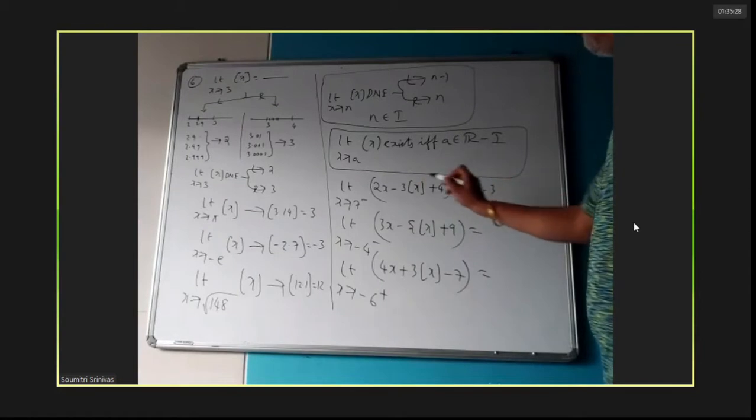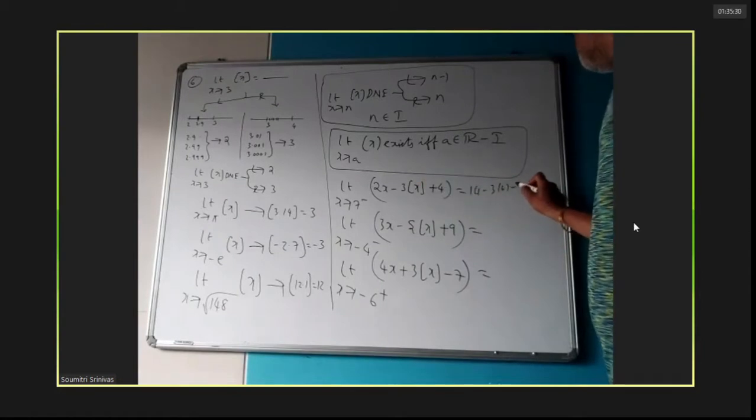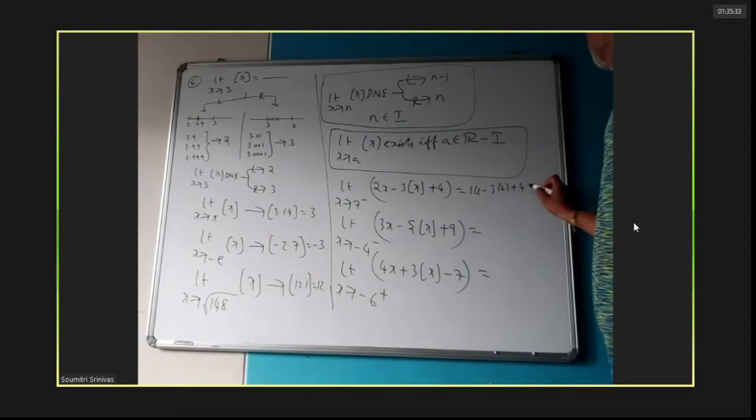Minus 3 into left hand limit बोला तो 6. Plus 4. 18 minus 18, 0. Correct. Second one, 22.